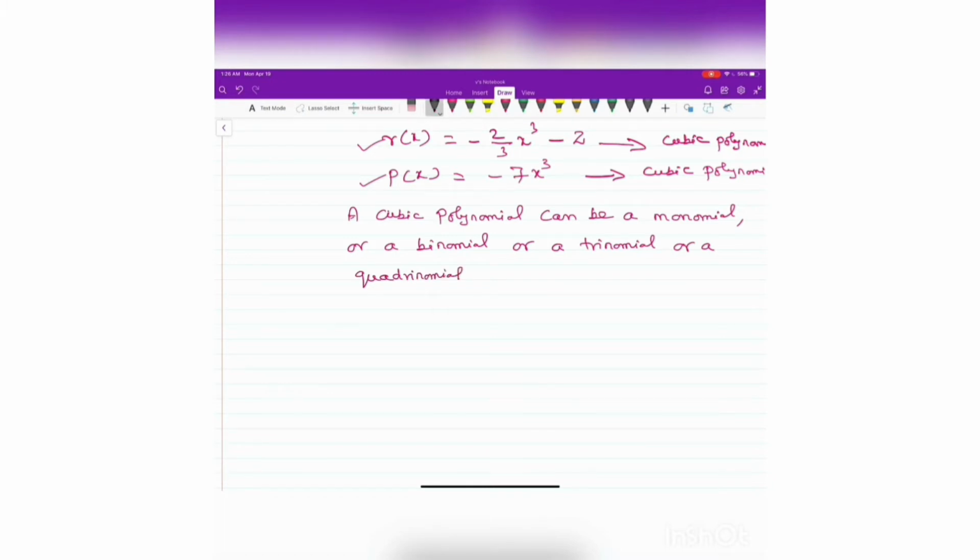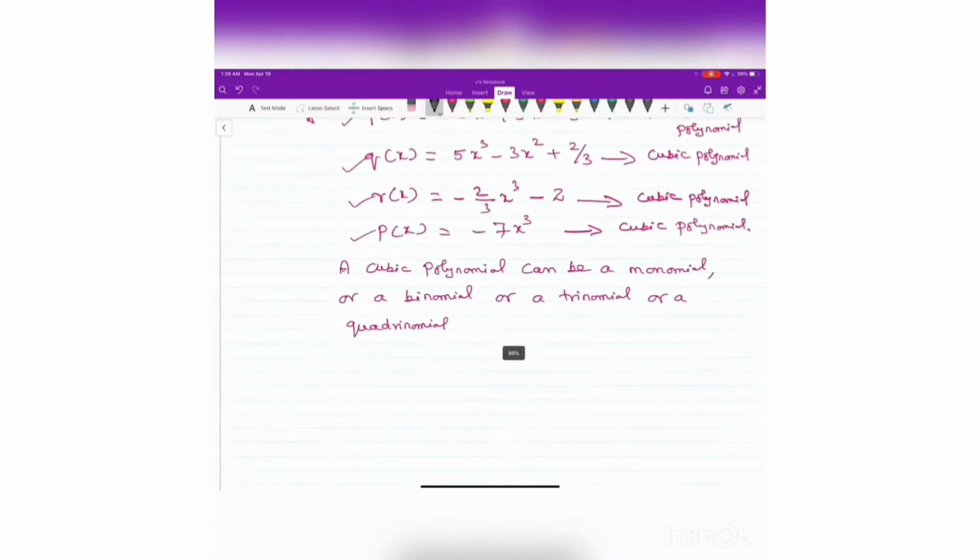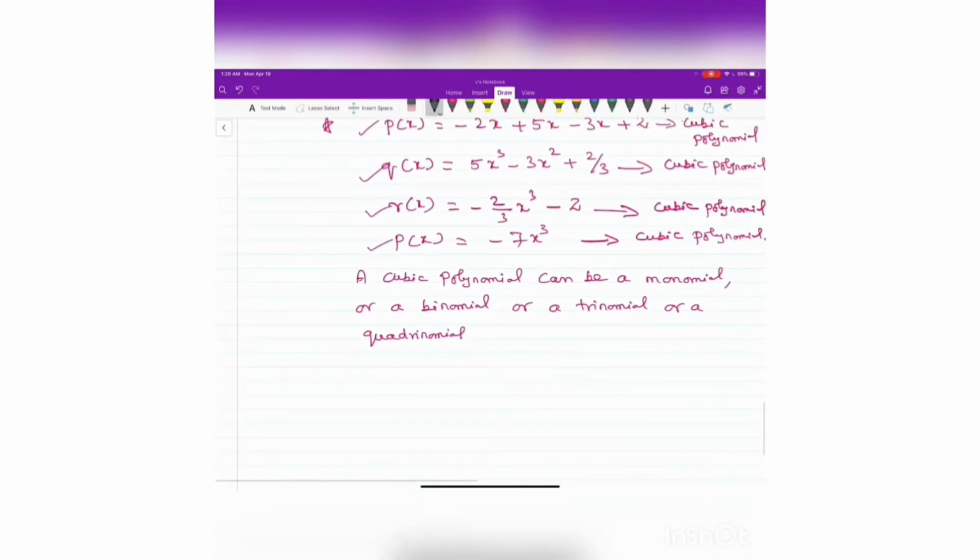So your aim is to just see the highest power in the given polynomial. So let us not bother about the number of terms in the given polynomial.